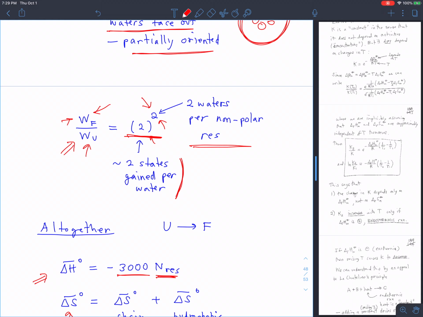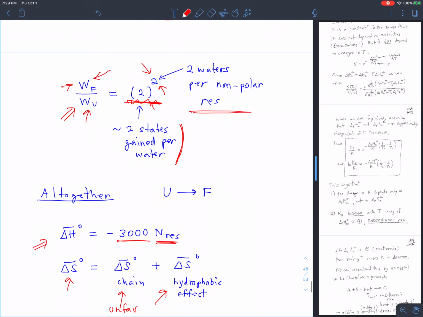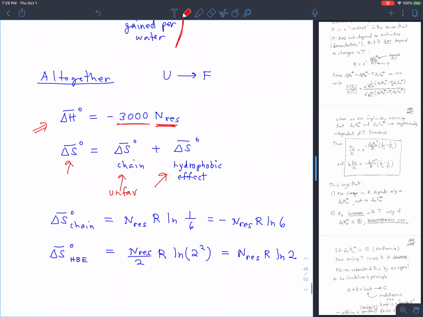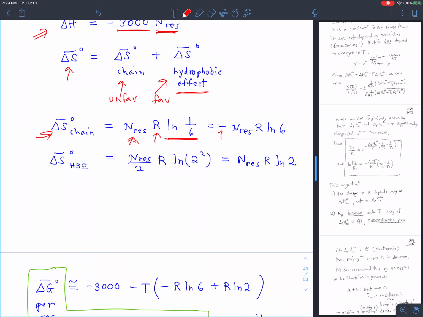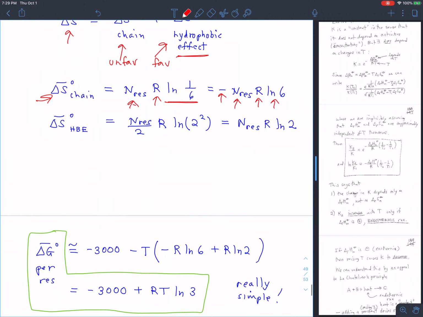There's more microstates in the folded state because the waters have more microstates than in the unfolded state. So there's a favorable contribution due to the hydrophobic effect. The unfavorable chain contribution is the number of residues times R times the log of the ratio of the W's, and that's 1/6, so it's minus number of residues times R times the log of 6.